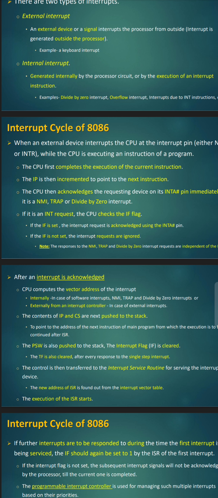What is the main function of the instruction pointer? The instruction pointer points to the next instruction to be executed, right? So the same is done here. First the CPU executes the current instruction, then the instruction pointer is incremented to the next instruction. Then the CPU acknowledges the requesting device.